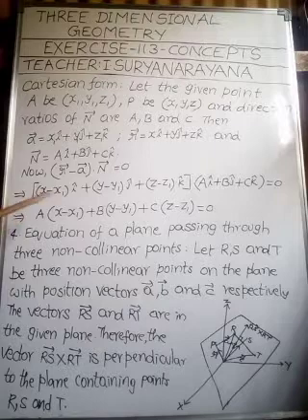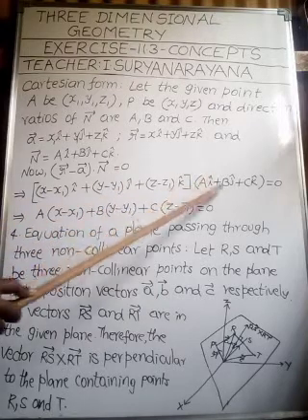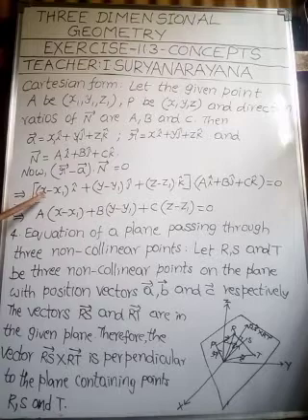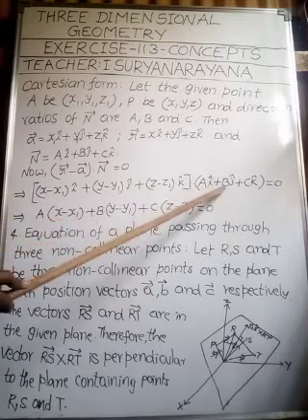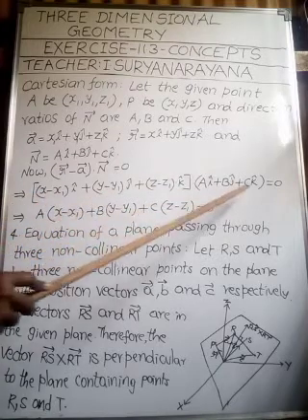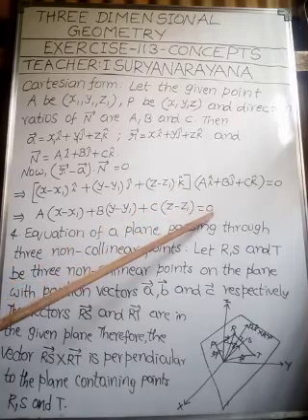Right. This implies we are finding the dot product of these two vectors. Then what will you get? A into (x minus x1) plus B into (y minus y1) plus C into (z minus z1) is equal to 0.